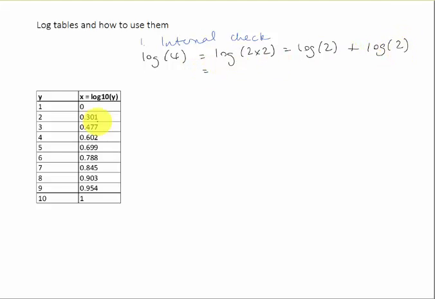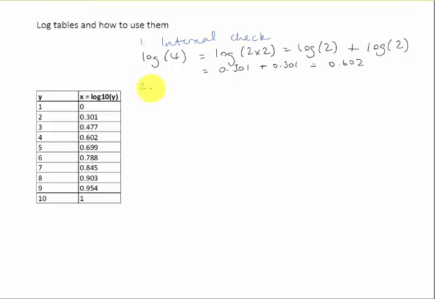The logarithm of 2 is 0.301, as I just said, plus 0.301. That gives us 0.602, and that is in fact what it says for the logarithm of 4. Good, and we could do that for any other combinations of numbers on there.